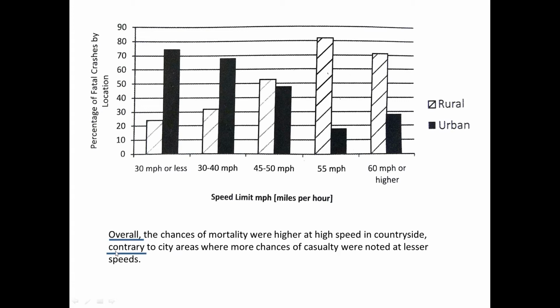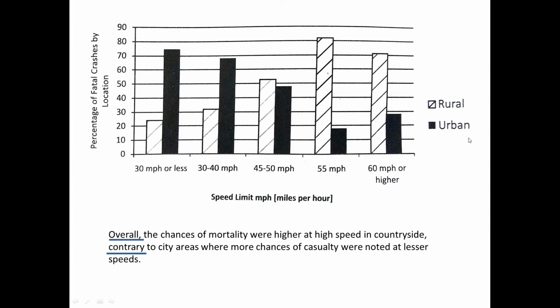So here contrary is used to show contrast, and it is important that we use a number of words like verbs, and we can also write the highest and lowest point, like overall the highest mortality rate was in the speed range of 55 mph in the rural areas, while the lowest is at 30 or less mph in the rural areas.